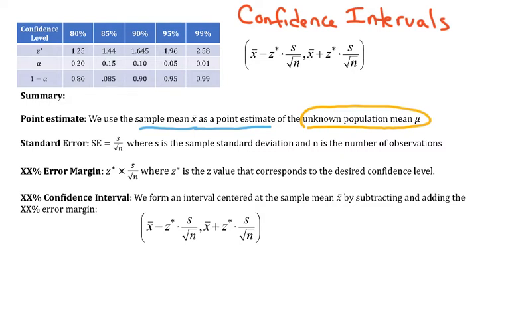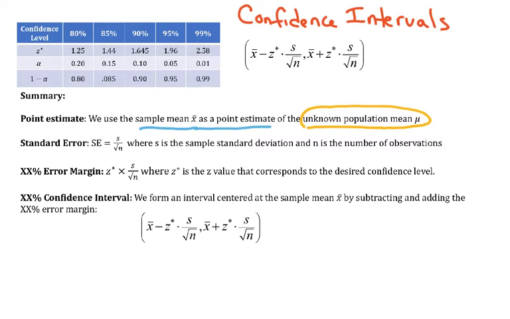Now, we mentioned how if you went out and got another sample from the same population of the same size, of course you're not going to get the same sample mean. So there is some uncertainty associated with this point estimate.